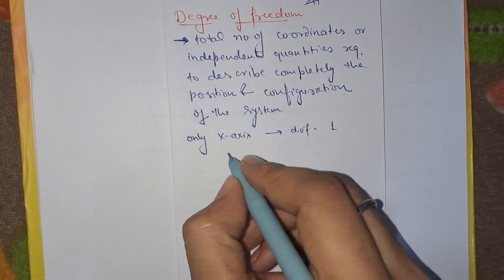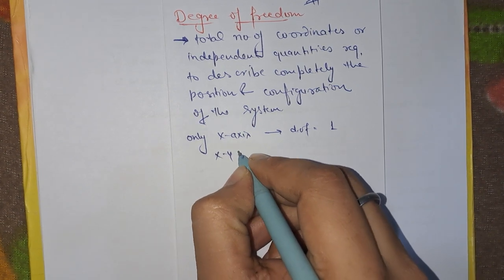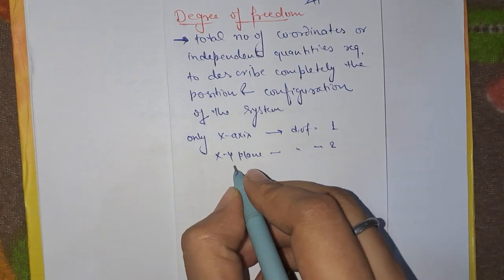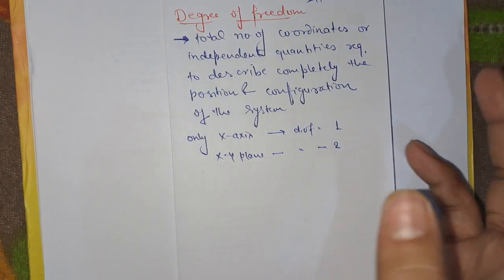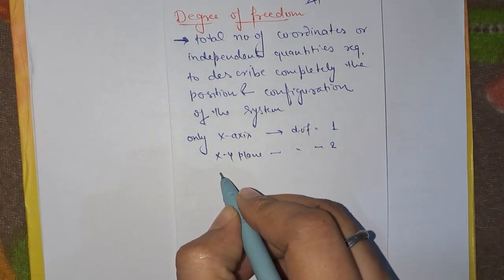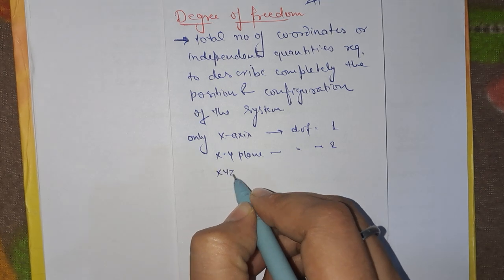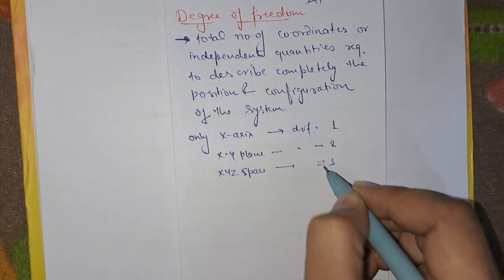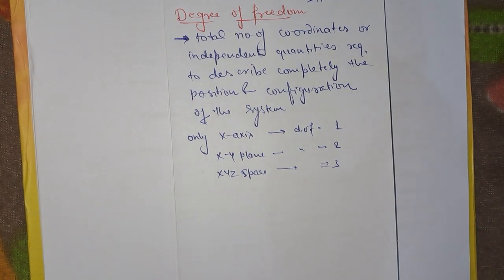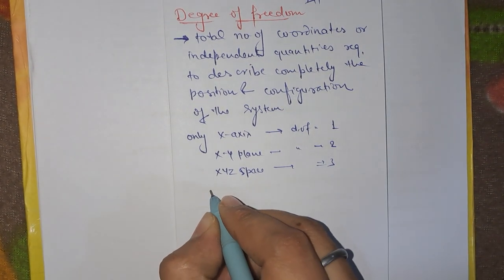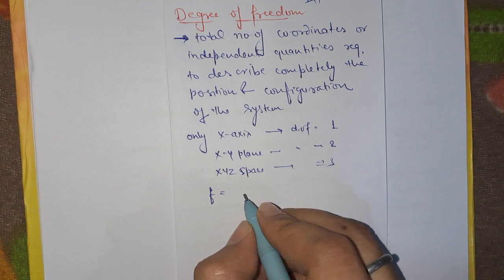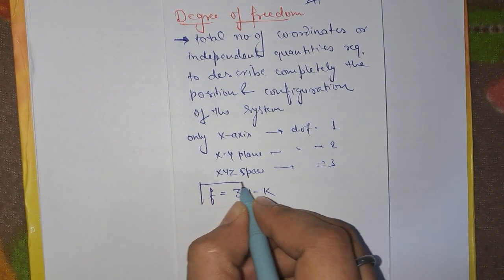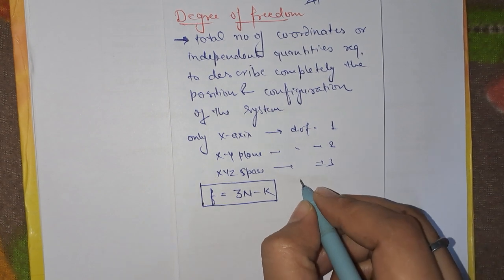Now xy plane: degree of freedom is 2 because it can move along two different directions. And xyz space: the degree of freedom is 3. So basically degrees of freedom can be given as f = 3n - k. So what is this n and k?